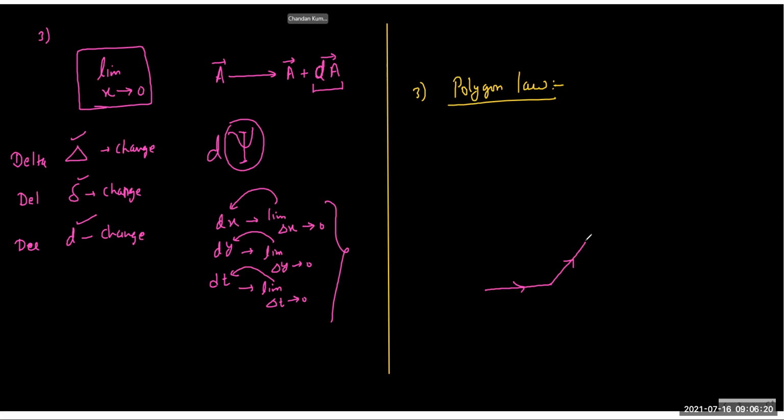So now let's say we have multiple vectors. If you keep on drawing from the tail of the first to the tip of the second and so on, then the law says the line which closes the polygon, to close this I have to draw something like this. So let me close this polygon.